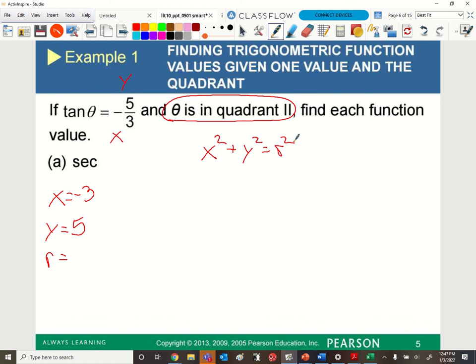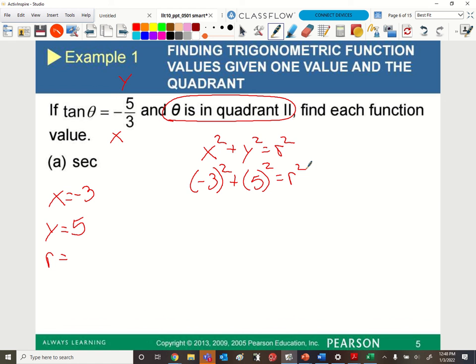X squared, so in parentheses, negative 3, close square, plus y, which is 5, close square, is equal to r squared. Now, if you remember, I put the negative in the parentheses here, because when I square it, I have to square the negative.